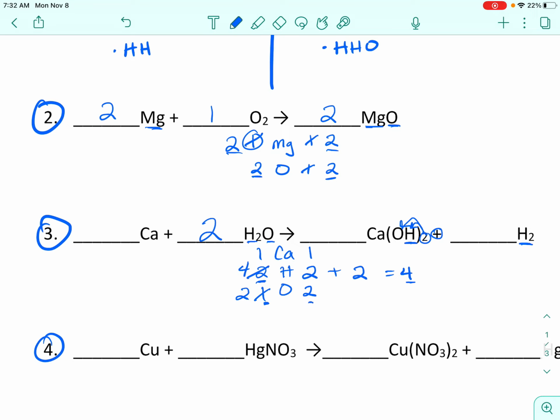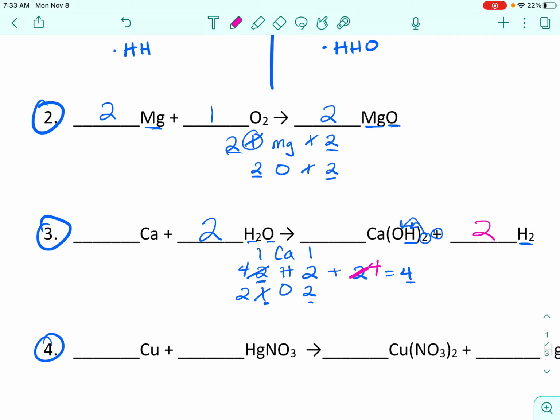So real quick, let me just explain why I did this here separately. If we had put a 2 here, let's say, for example. Now, that's not right, but if we did that, that would only change part of the hydrogen in the product side. That would only change this part.